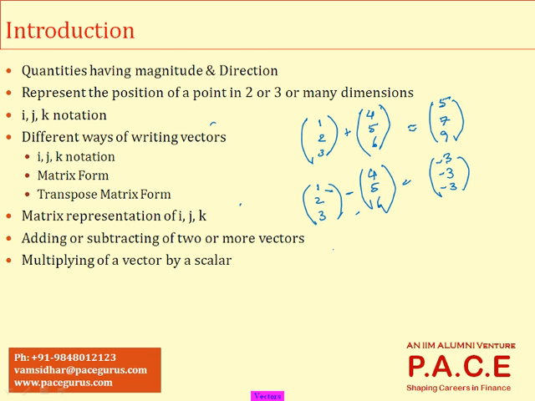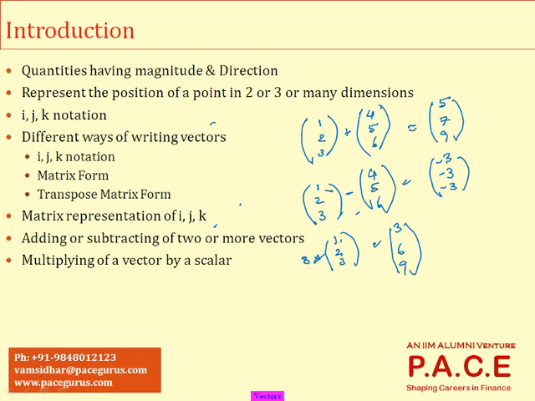There is also a scenario where I want to multiply this vector 1, 2, 3 by 3, which means each element is multiplied by 3. This is scalar multiplication, multiplying a vector by a scalar. This is the kind of solution we are going to get: 3 multiplied by 1, 3 multiplied by 2, 3 multiplied by 3.